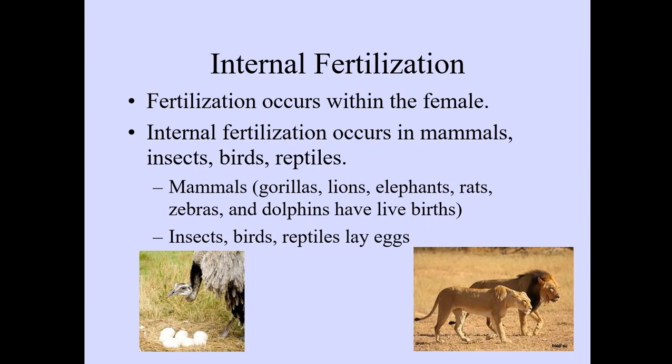So nagkaroon sila ng mating, then mag-iitlog, tapos kailangan pa nilang i-nurture yung itlog to become a mature offspring. So that's internal fertilization, and this is where we belong. Sa loob ng katawan ng babae, pinagbubuntis.